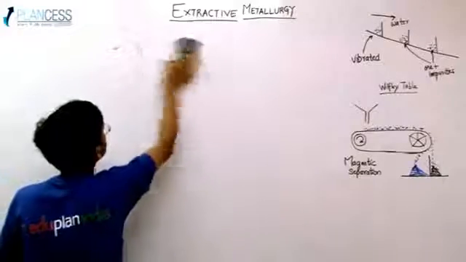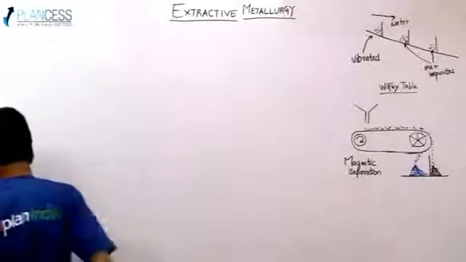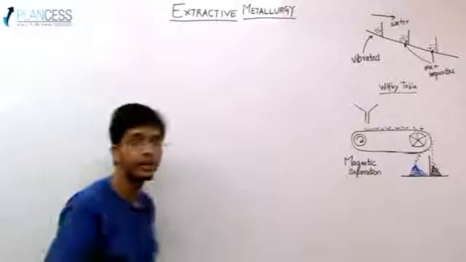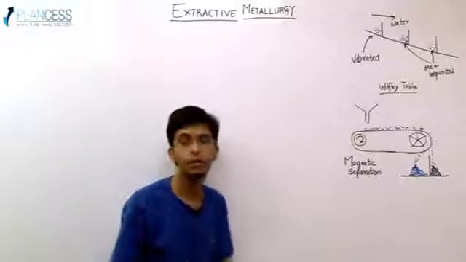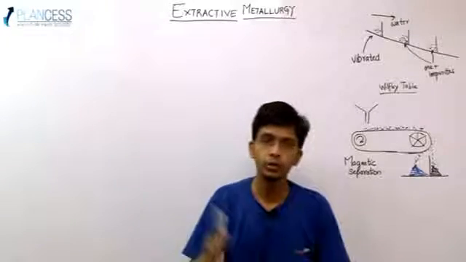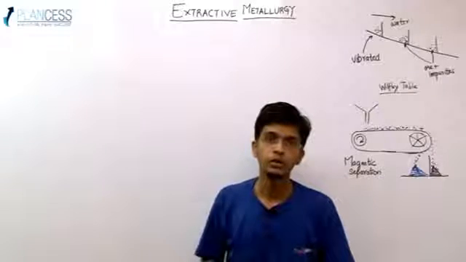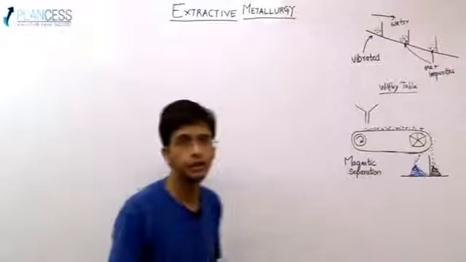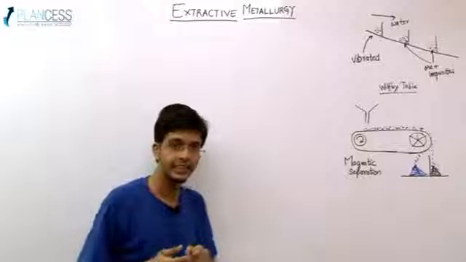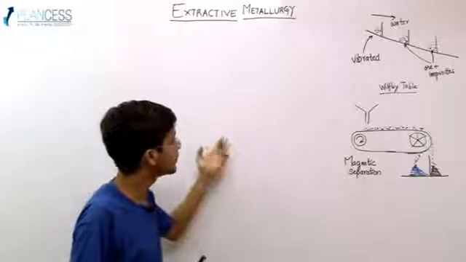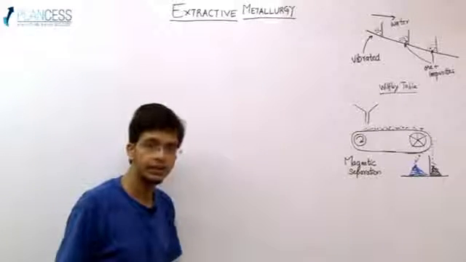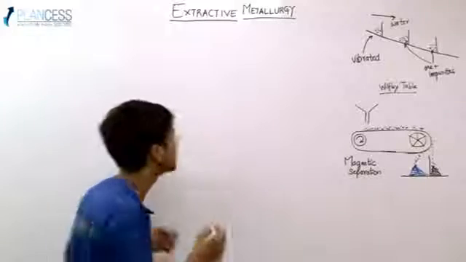In concentration of ore, there are a few methods which depend on the difference in physical properties of the ore and that of the impurities. The physical properties exploited are density, wettability, magnetic properties, etc. Let us first look at density.